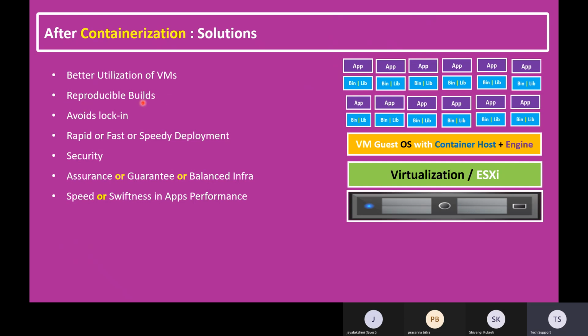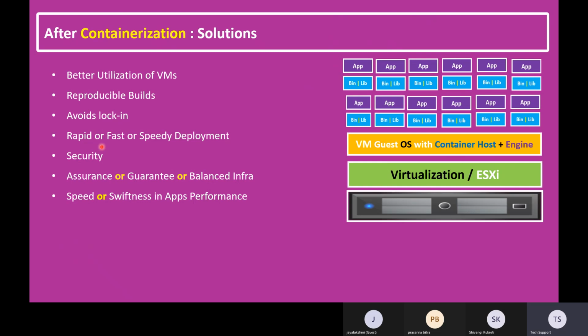And reproducible builds: even if a package goes down, it is always easy to reproduce, that means we can rebuild. And it avoids lock-in. Lock-in means, in our virtual machine scenario, if you register a virtual machine on ESX1, it is registered and locked to ESX1 until you migrate it to another host, and only then is the lock released. But with container applications, there is no lock-in mechanism.